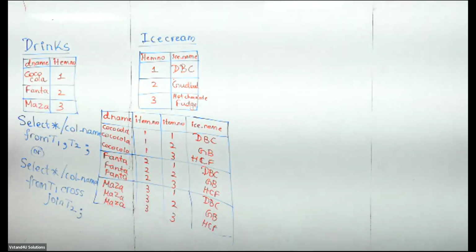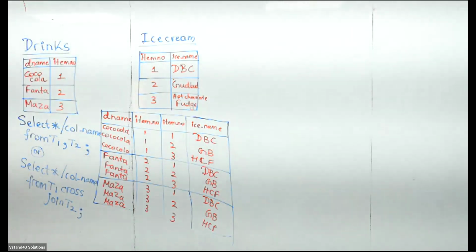Can you tell me which is the common column according to these tables? Column, yes or no?